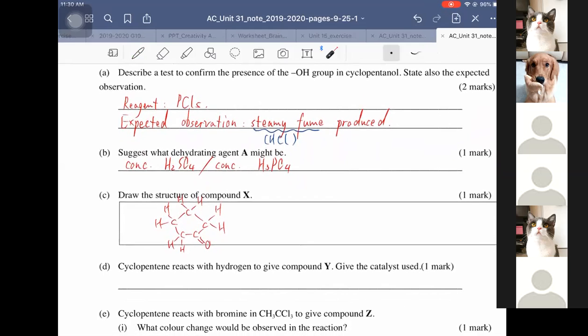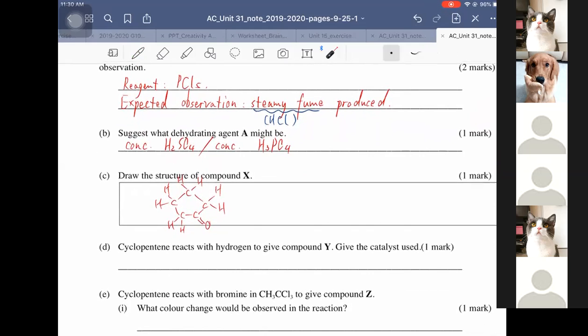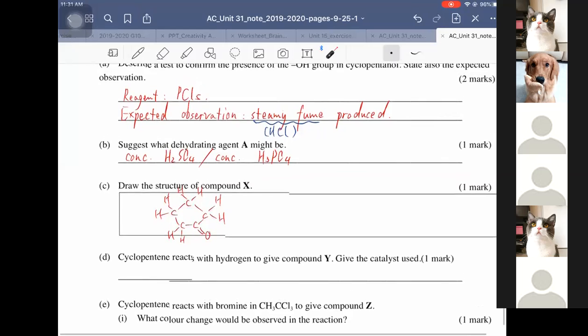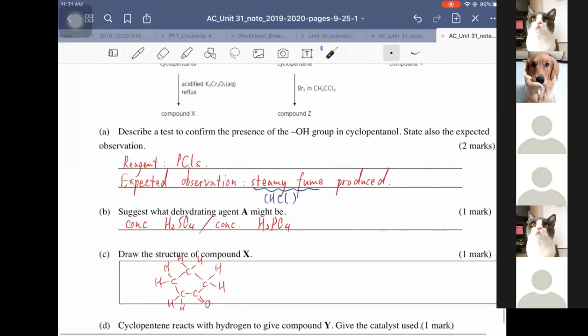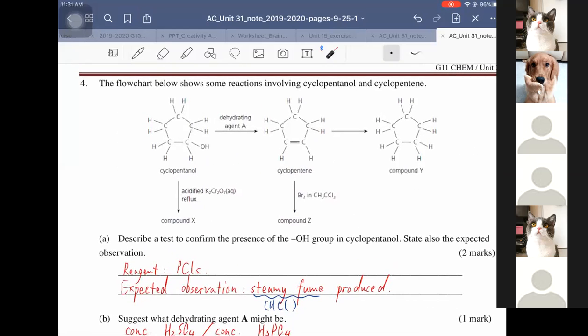Next one, cyclopentene reacts with hydrogen to give compound Y. Give the catalyst used. That would be this reaction. Electrophilic addition, we're adding hydrogen onto both sides of the double bond.